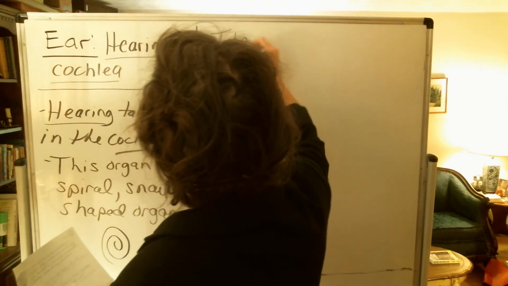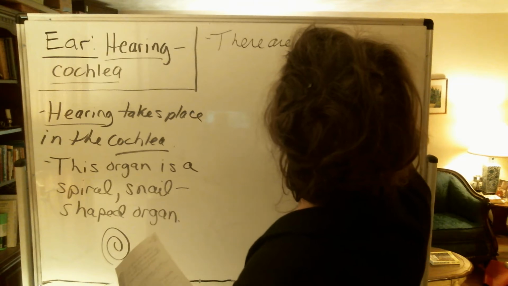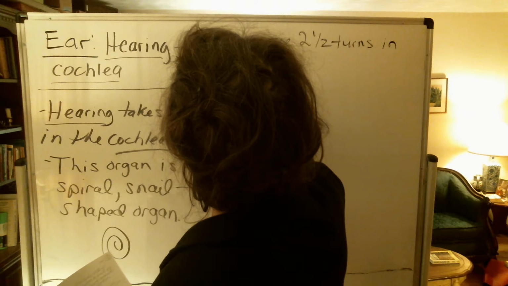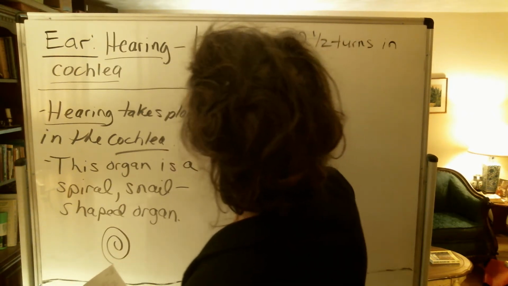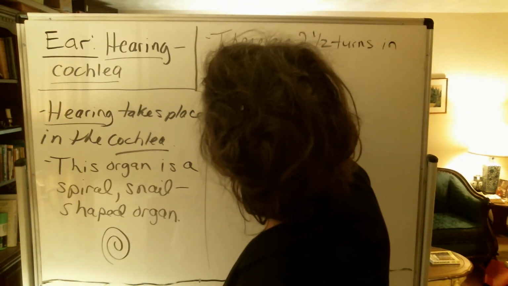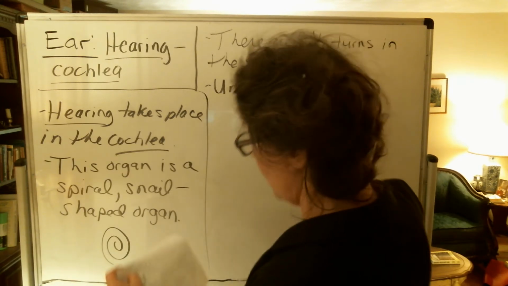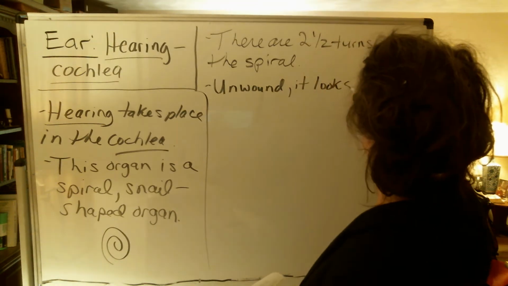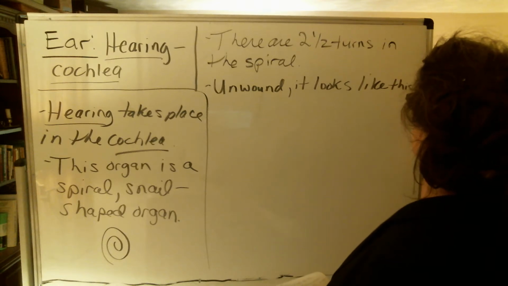And there are 2.5 turns in the spiral. But unwound, it looks like this.